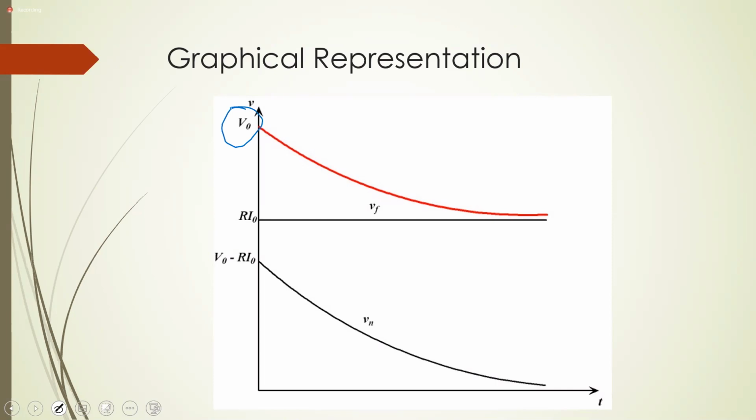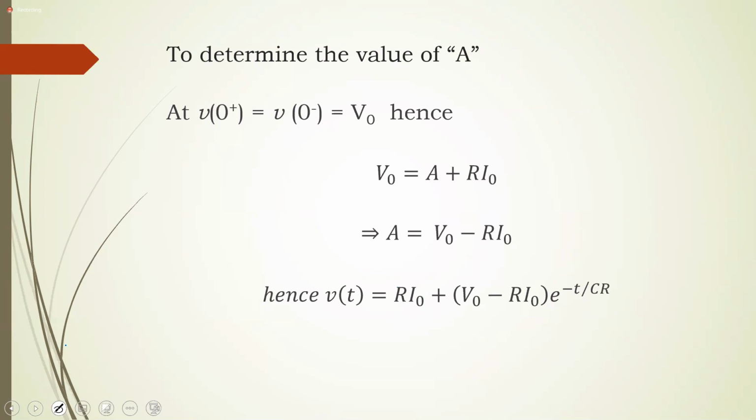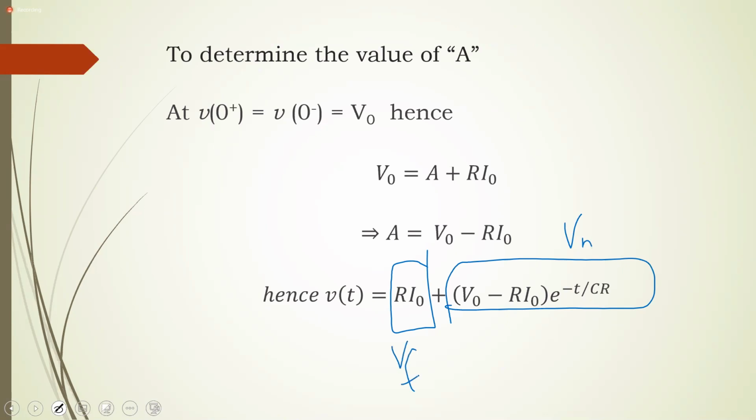The natural response, that's for the transient portion. Remember this would now be the transient. So this part is the transient, yeah? And this is the forced response. So this is the natural, and this is VF.